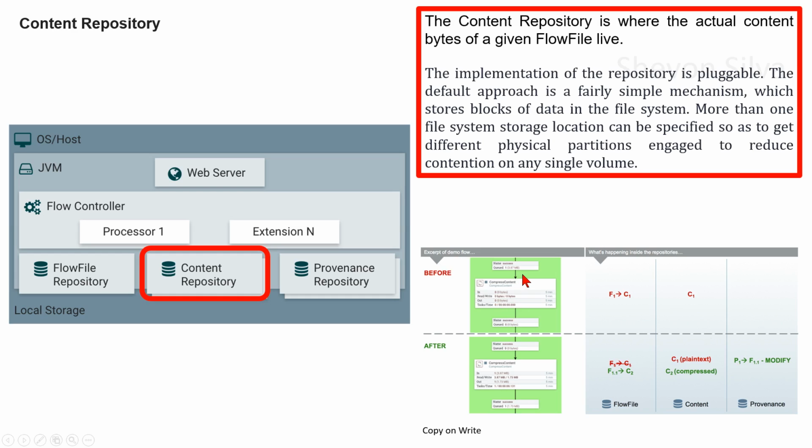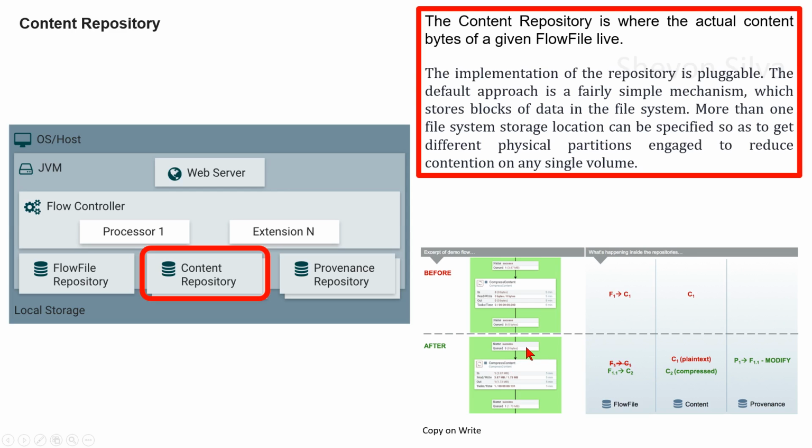Here you can see before, success is connected to compress content, and it's connected with success, and F1 is pointing to C1 in the flow file repository, and in content you can see C1.